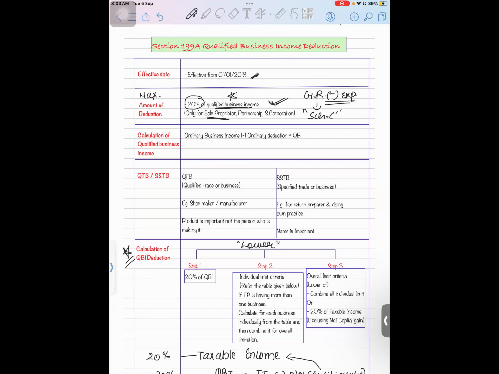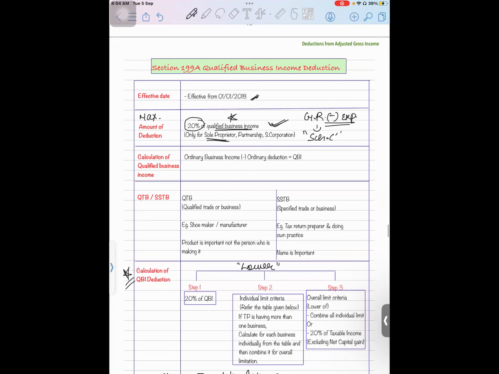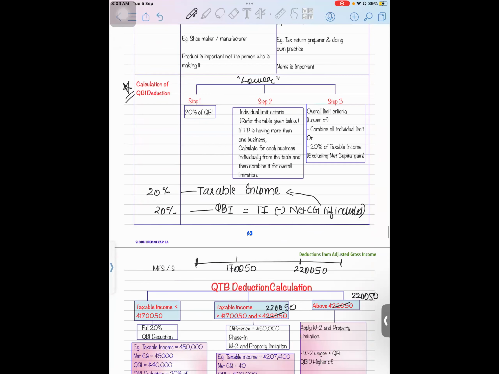Now understand the definitions. There are two definitions you have to understand: one is QBI and one is taxable income. QBI, qualified business income, means only your income pertaining to your business, partnership income or S corp income.